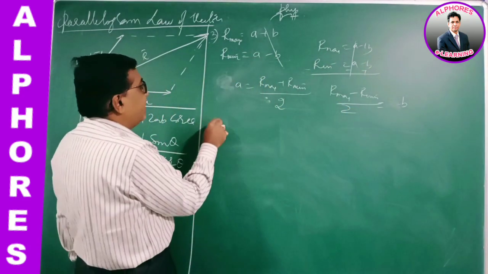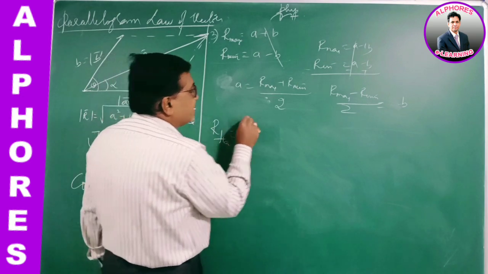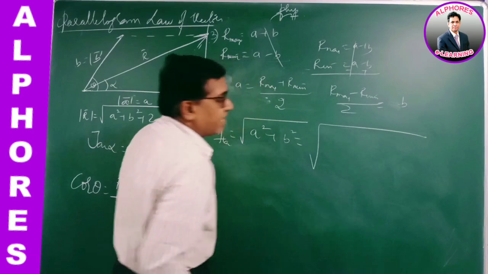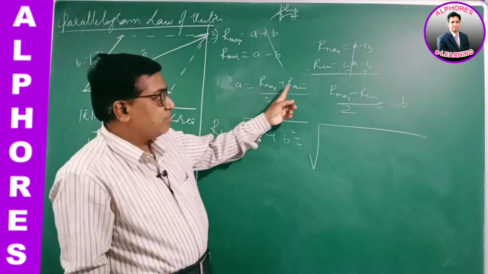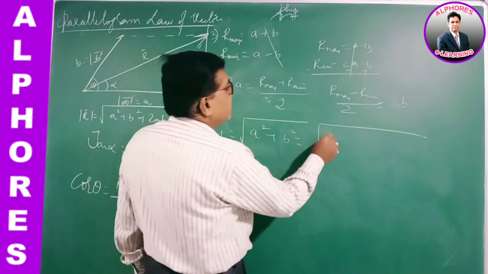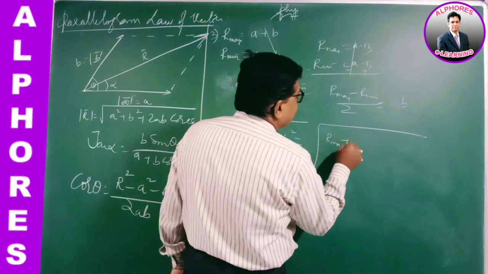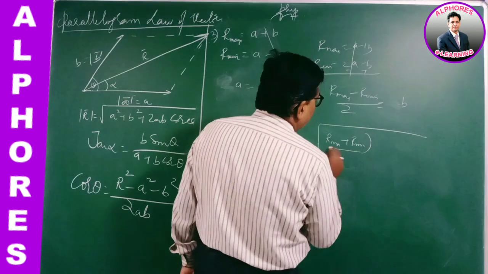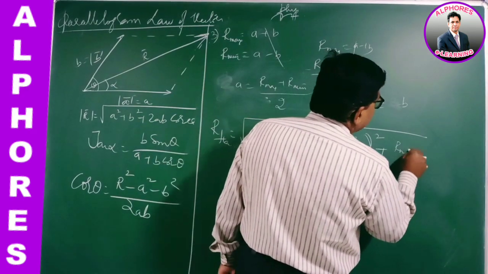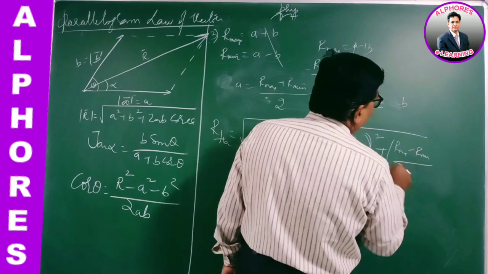Now the perpendicular resultant of these two is under root of A square plus B square. So I can write A as (R max plus R min) by 2 and B as (R max minus R min) by 2. So it is ((R max plus R min) by 2) whole square plus ((R max minus R min) by 2) whole square.